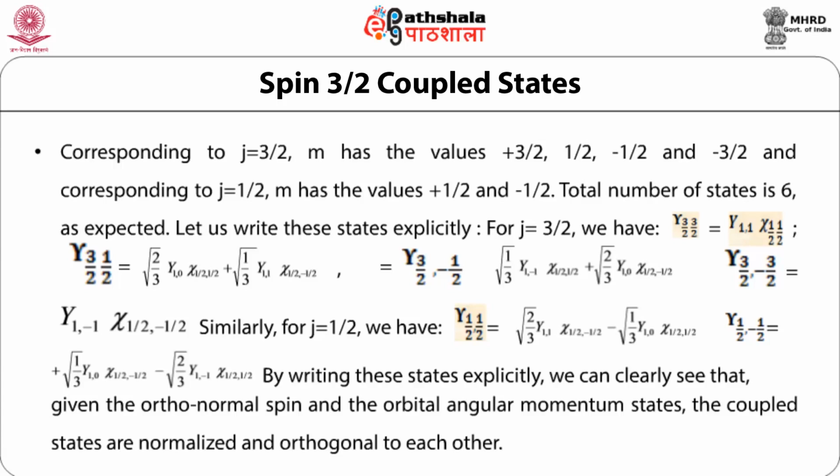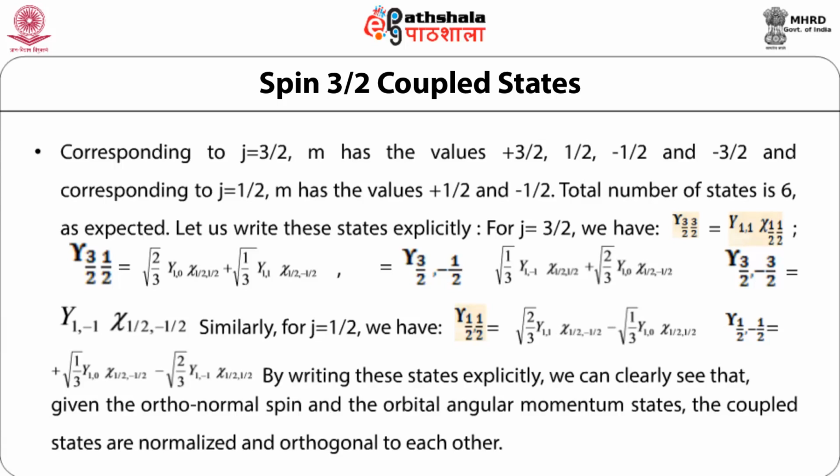So, for J equal to 3 by 2, the 4 states that we get, that is the 4 coupled states that we get, are given by gamma_{3/2,3/2} equal to Y_{1,1} times xi_{1/2,1/2}, where the subscript on gamma represents, the first term in the subscript represents J, and the second term in the subscript represents M. Similarly, for the spherical harmonic Y, the first term in the subscript represents L and the second term represents m_l.